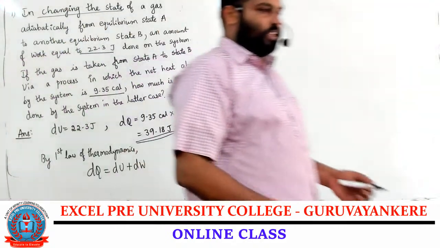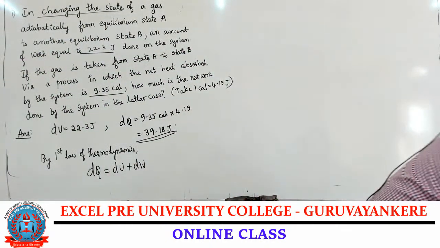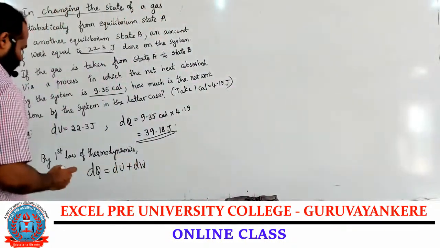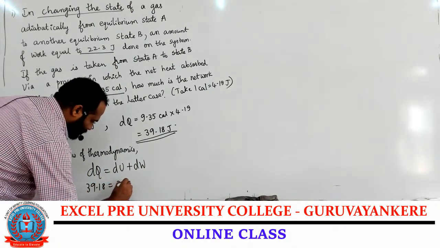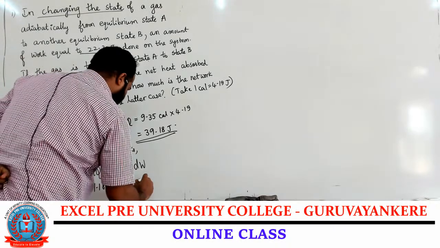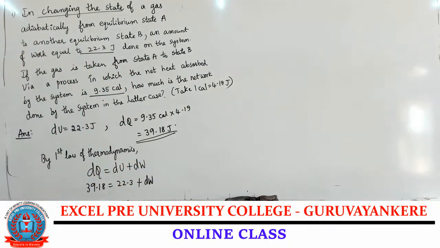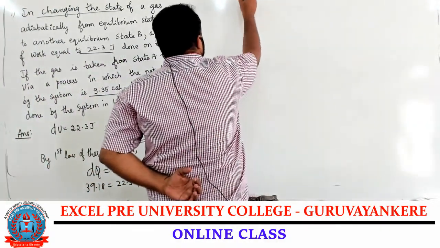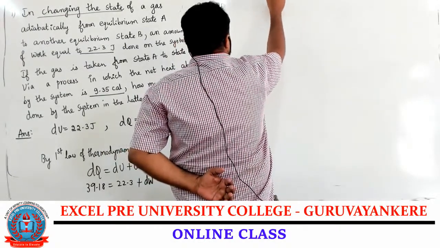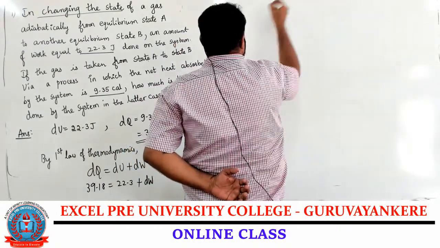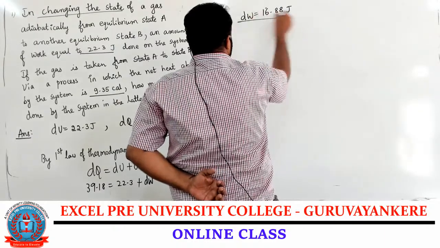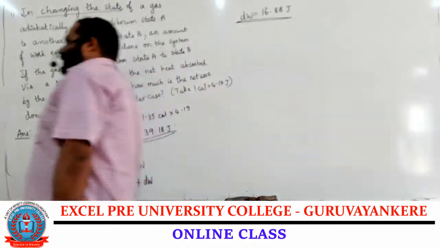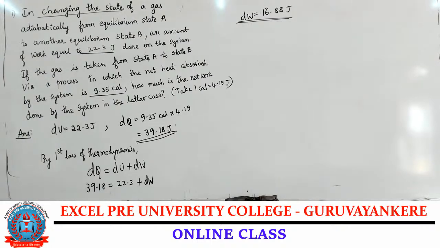I hope all of you are getting this. Now dQ you substitute 39.18, dU you substitute 22.3, and dW we have to calculate. So dW will be 39.18 minus 22.3, which is 16.88 joule.